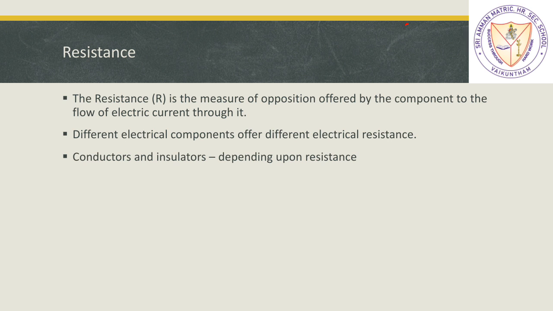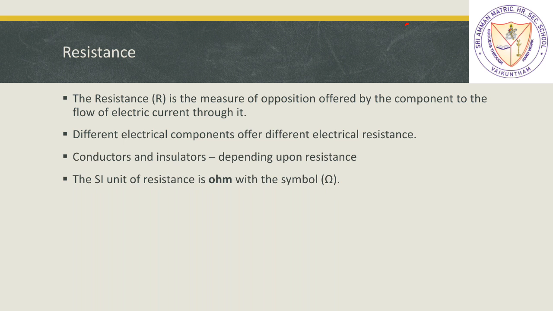Such materials are nothing but insulators. If you have things which will easily allow the electric current to pass through, that means the resistance is very low, and they are called conductors.